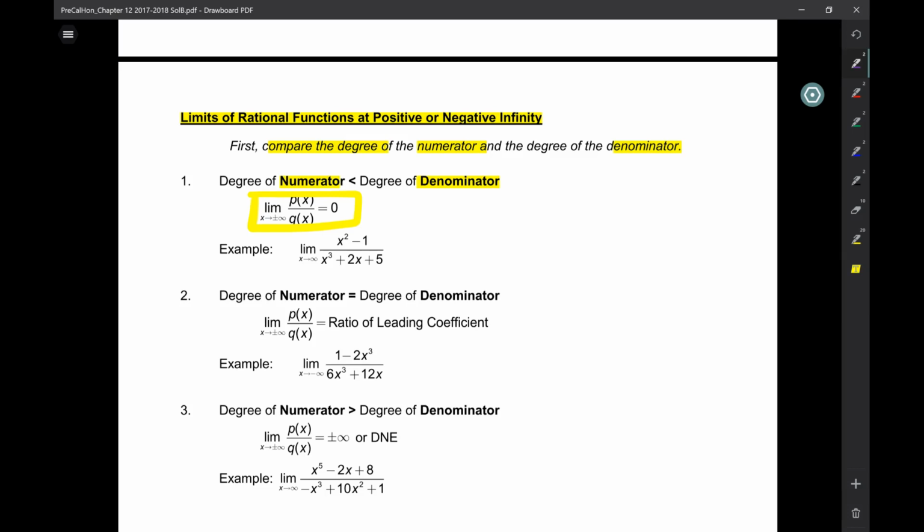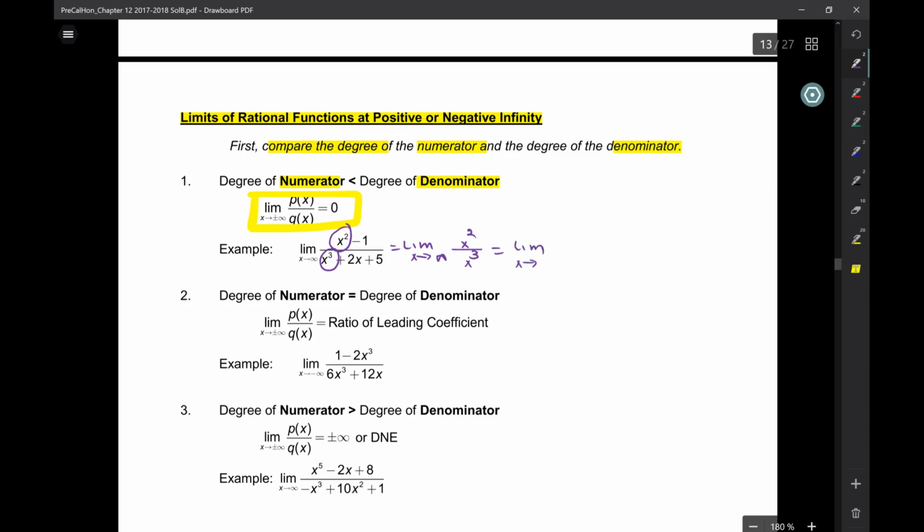Let's reason it out. Let's look at an example. Numerator has a lower degree than denominator, like x squared over x cubed. Everything else other than the x squared and the x cubed is negligible. So this is the limit as x approaches infinity of x squared over x cubed, right?